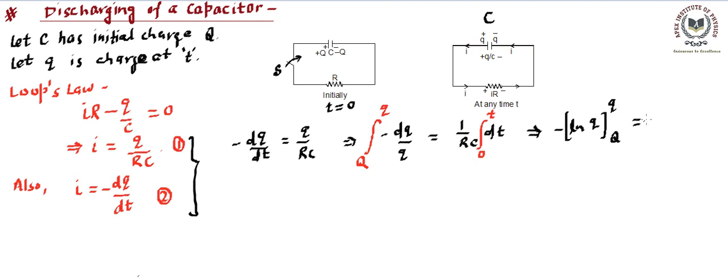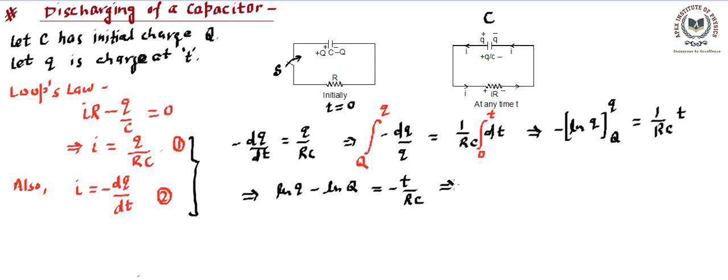On the right hand side, 1 upon RC is a constant, so it's outside as earlier, and the integration of dt will convert into t. Now we can further simplify this expression, sending the minus sign to the right hand side and putting in the limits. There will be two terms, ln small q minus ln capital Q, equal to minus t upon RC.